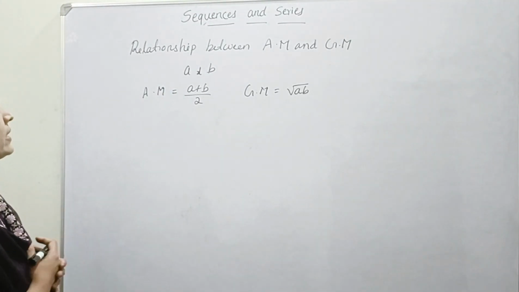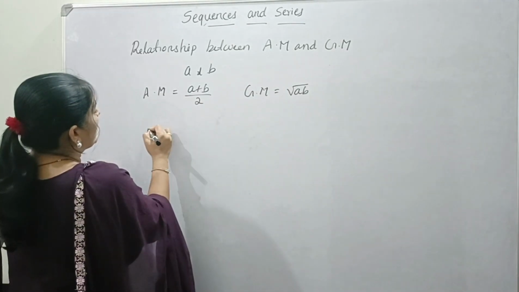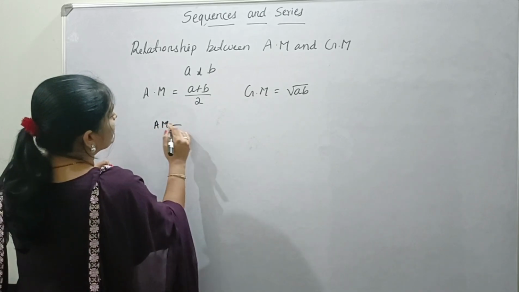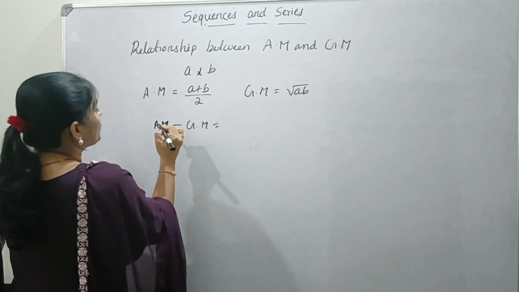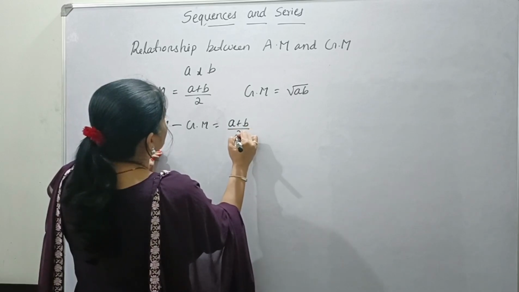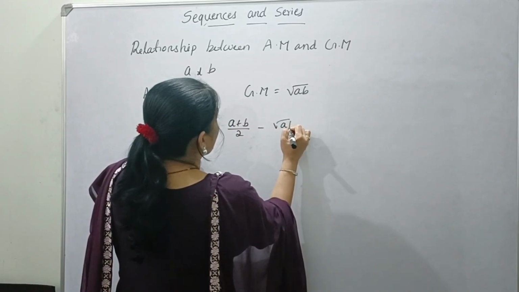Now let us see what is the relationship between them. Let us find the arithmetic mean minus the geometric mean. That is equal to (a plus b) divided by 2 minus the square root of ab.